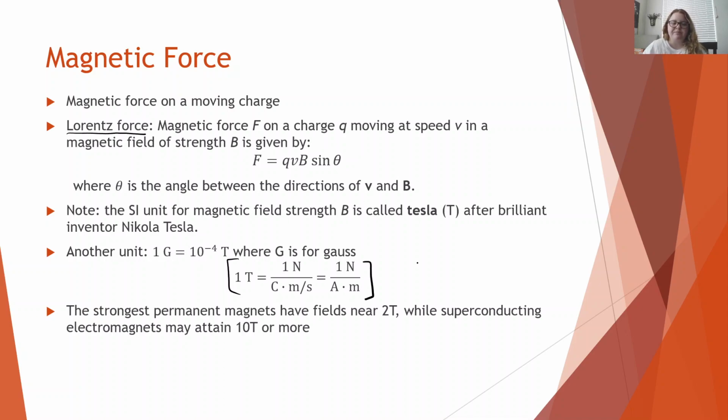Remember that amperes is coulombs per second. And one more note, to give you an idea, the strongest permanent magnets have fields about 2 Teslas, and superconducting electromagnets can attain 10 or more Tesla.